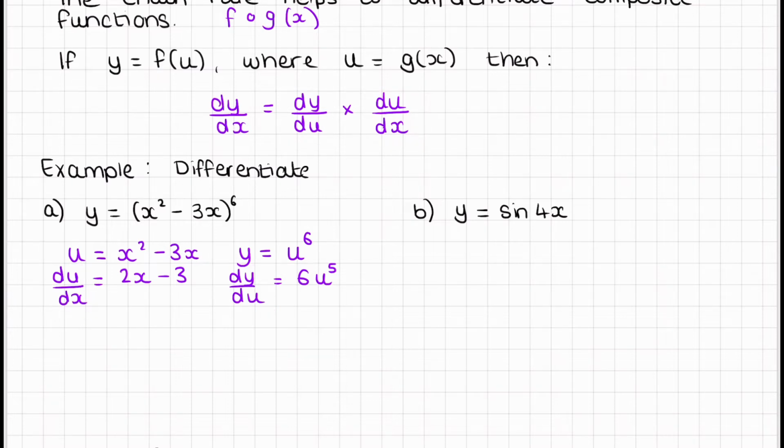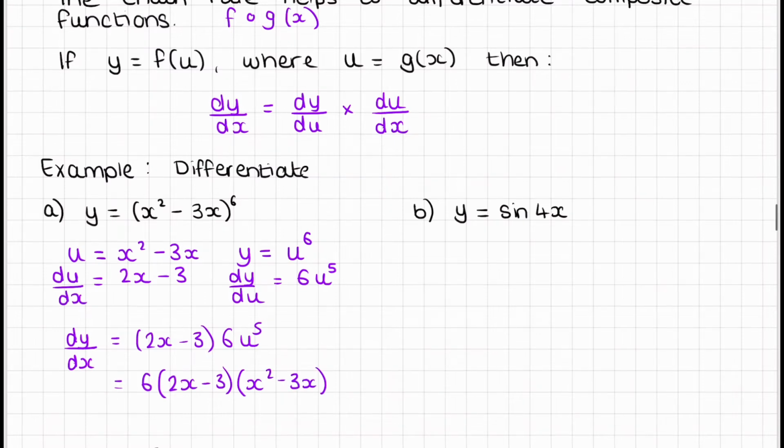Then from here, the last step to find dy over dx is to multiply these two derivatives together, which will give us 3x squared minus 3 multiplied by 6u to the power of 5, and then we just need to sub u back in. I'm also just going to rearrange this so it looks nicer, which would be 6 multiplied by 3x squared minus 3, and then our u, which was x cubed minus 3x, all to the power of 5.